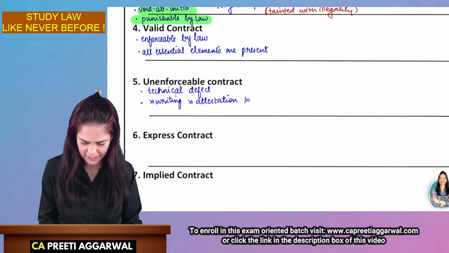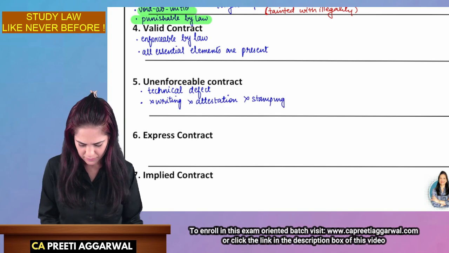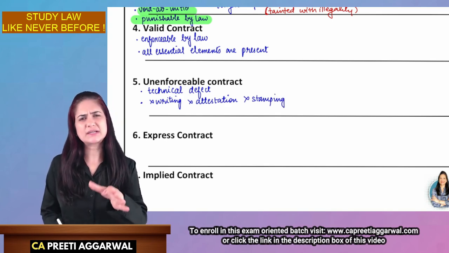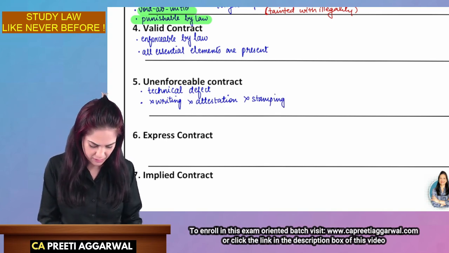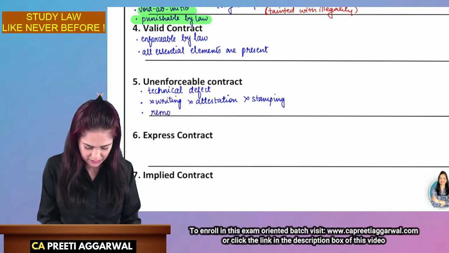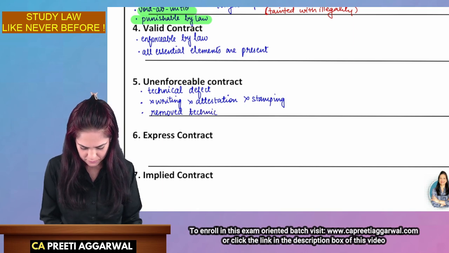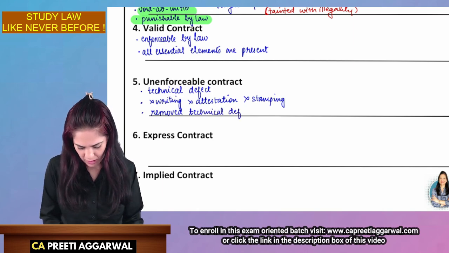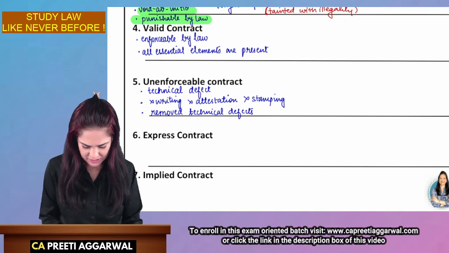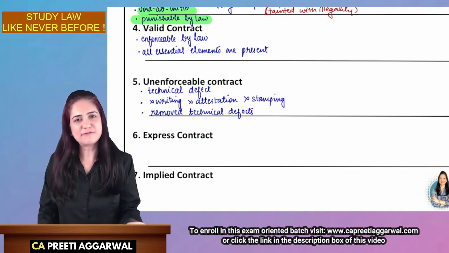There is no stamping. So for the time being, the contract is unenforceable. I removed the technical defects. Contract becomes enforceable.